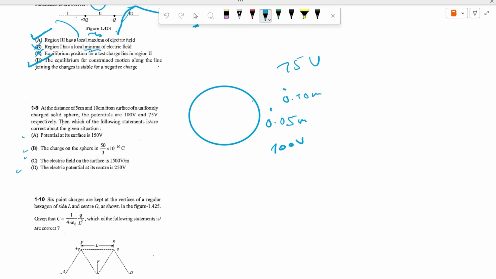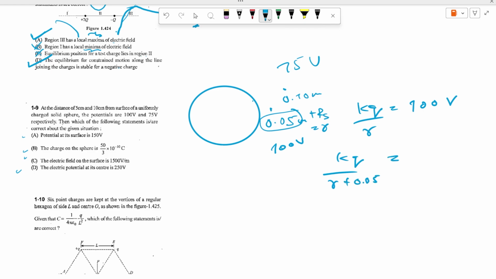Let's get moving. The first step that we can do is form equations. So for easing the calculations, I'm taking this plus Rs equals R, letting that be kq by R equals 100 volts. Then kq by R plus 0.05 equals 75 volts.